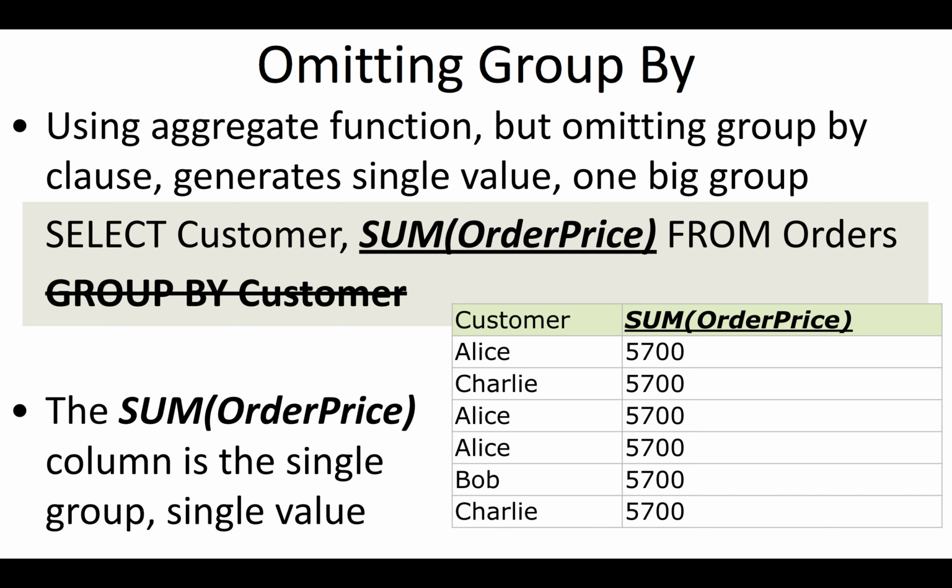And then it'll do all the aggregations from the order price, and add everything: the ones from Alice, the ones from Charlie, the ones from Bob. It might make no sense. Well, actually, it might. You want to add up how much we sold this year, or this quarter, or this month, across all the sales from all the vendors. I want to add everything up. Maybe that makes sense. So the result is the original fields plus the aggregate.